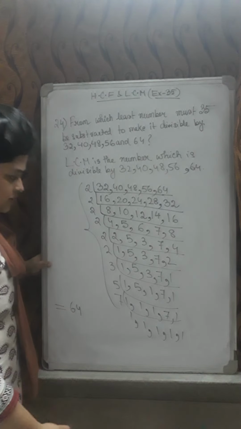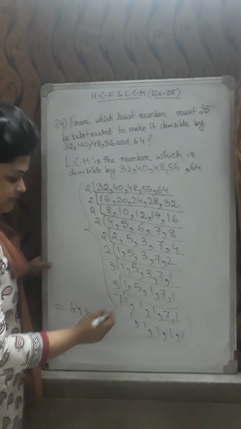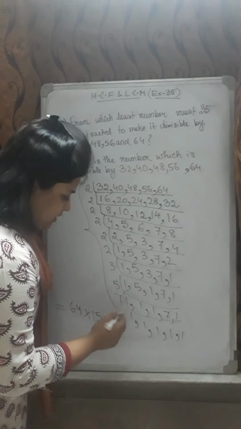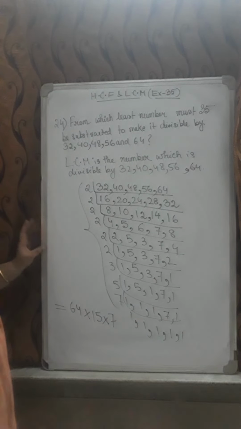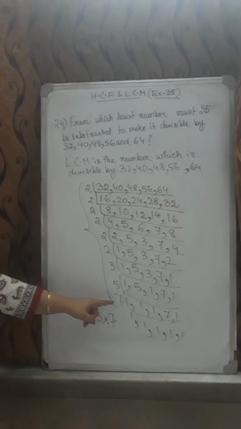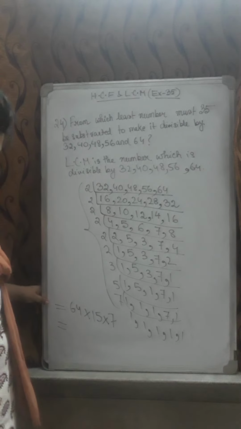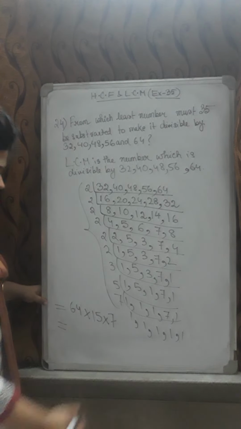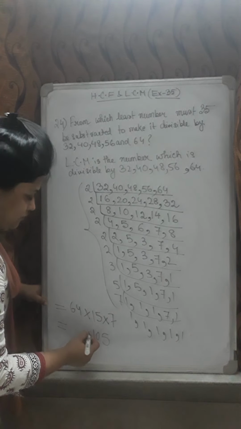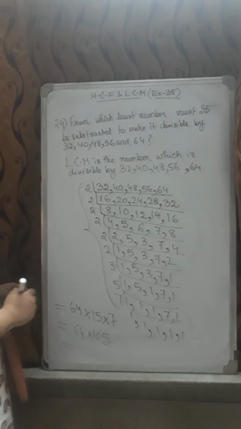So I have multiplied all the 2s together, then 3 into 5 is 15, then into 7. So now step by step, if you multiply, you will get the LCM. 15 into 7 is 105, 105 into 64. If you multiply this, you will get the LCM value.